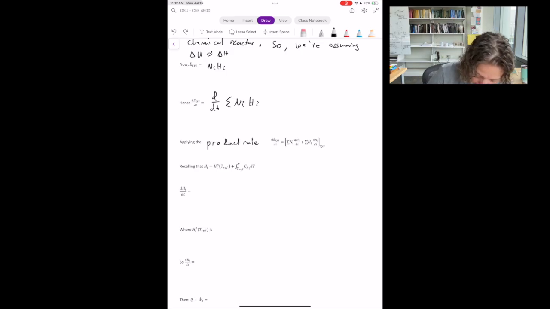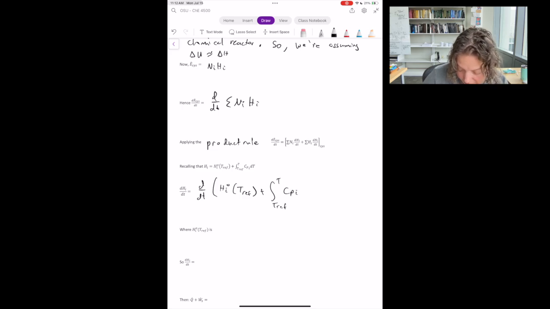So we would say d/dt of Hi at the reference temperature plus the integral from the reference temperature to T of CPi dT. Here the enthalpy at the reference temperature is just some value. That's constant.